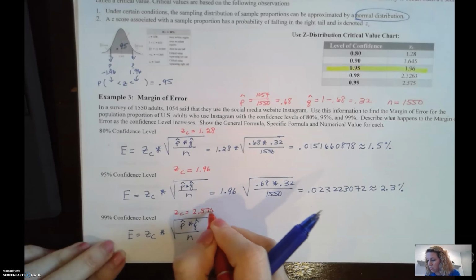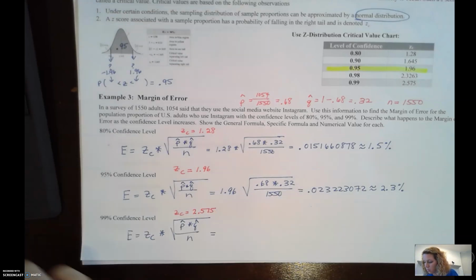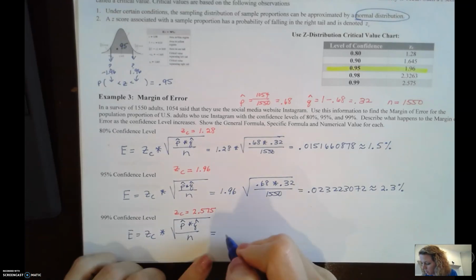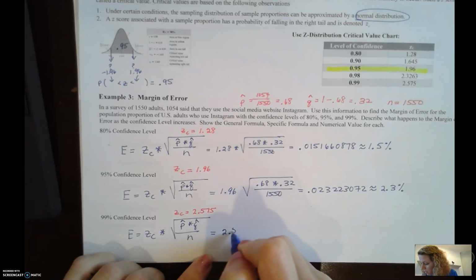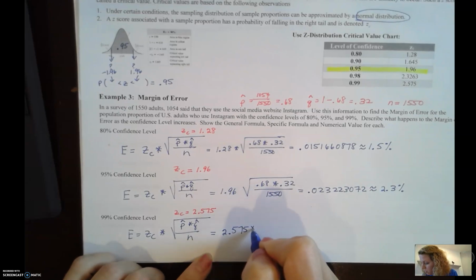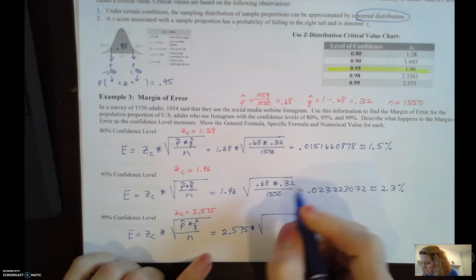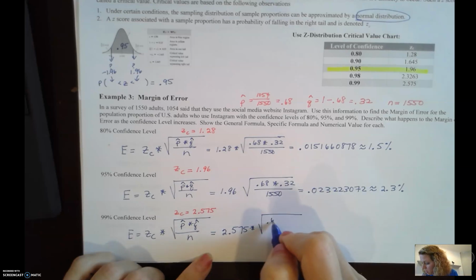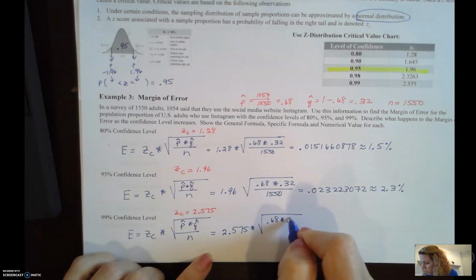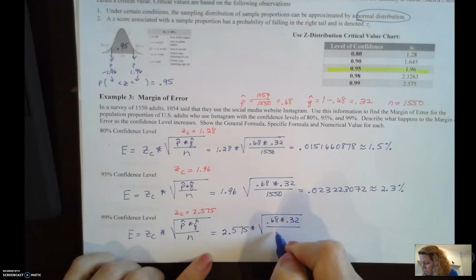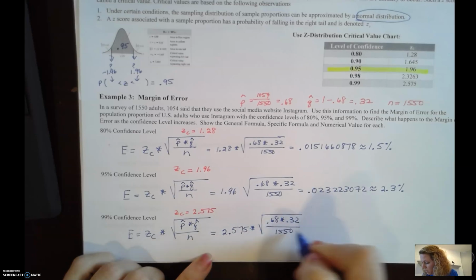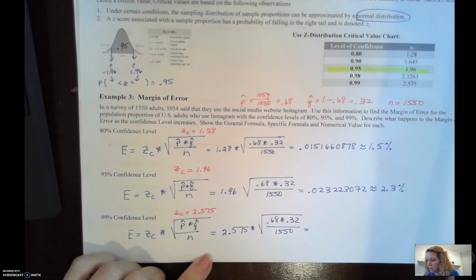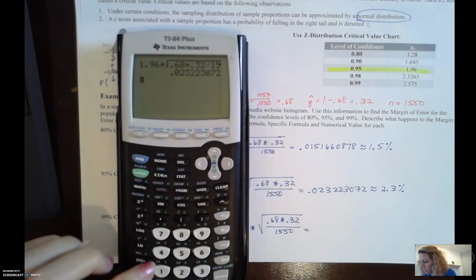These critical values are often rounded to 2 or 3 decimal places. So we're going to take 2.575 times the square root of p hat 0.68 times q hat 0.32 divided by our sample size 1,550.